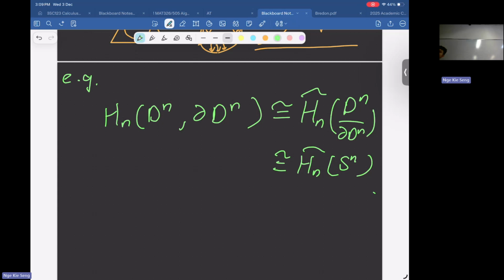What do you think? So who is the generator here?